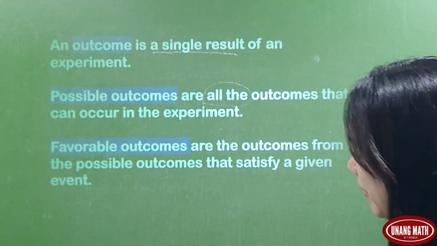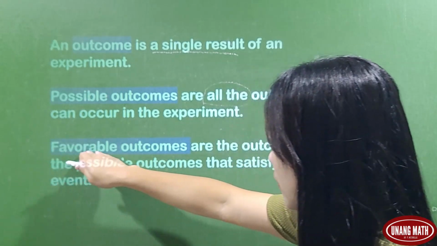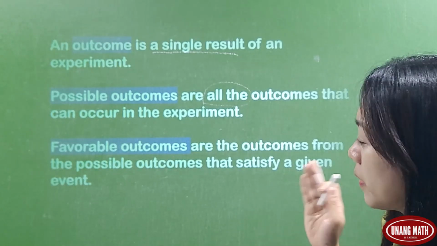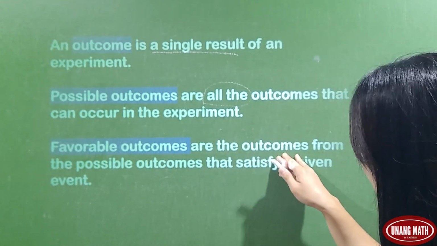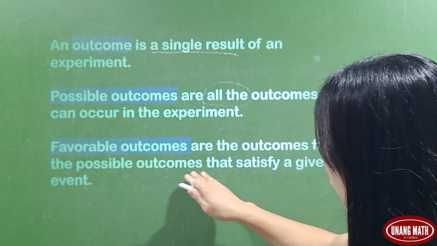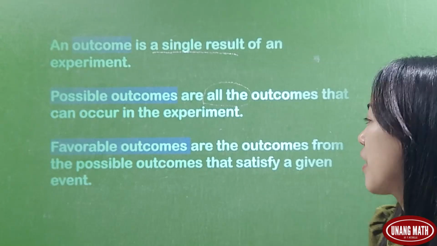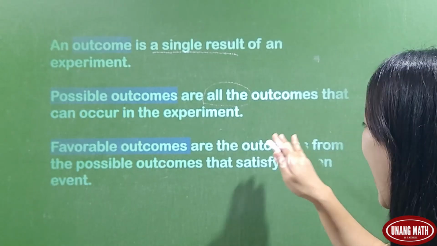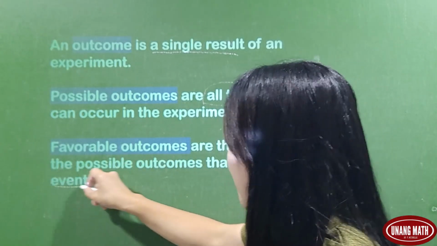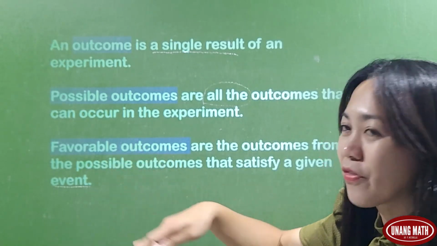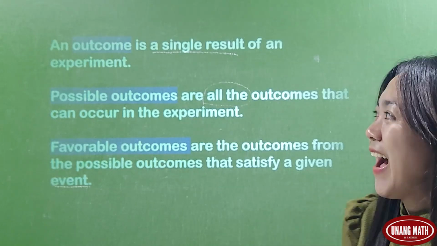And lastly, this concept about favorable outcomes. Favorable outcomes are the outcomes from the possible outcomes that satisfy a given event. So it means there is an outcome and there is a given event or condition. So that refers to our favorable outcomes.